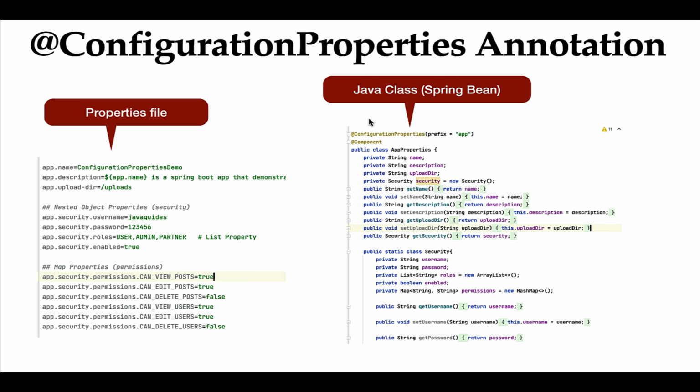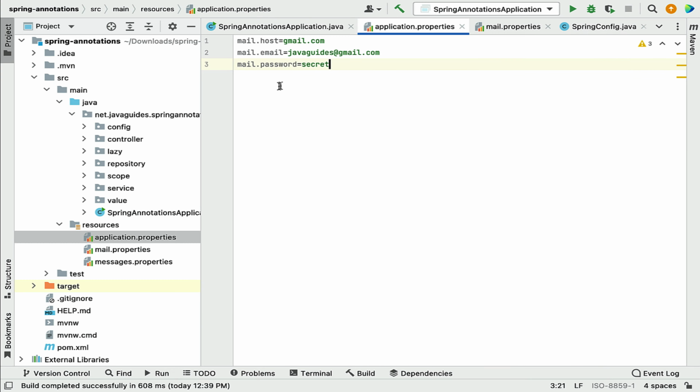Next, let me demonstrate the usage of the @ConfigurationProperties annotation with an example. So let's go to our project in IntelliJ IDEA and go to the application.properties file. Within the application.properties file, we are going to define all the properties. Here, let's first define the top level application properties. Just type app.name equal to, let's give the application name something like configuration properties demo.